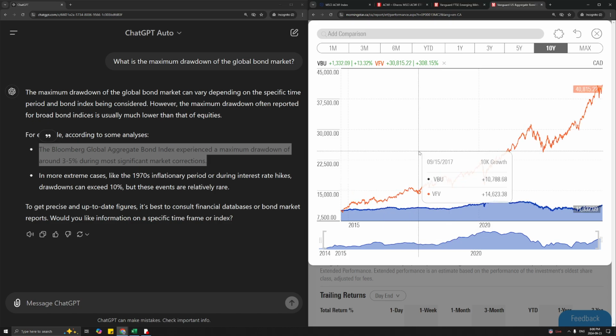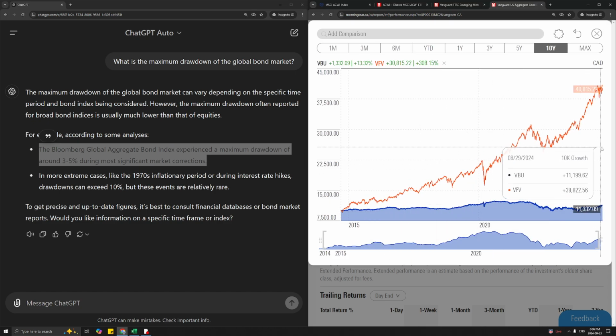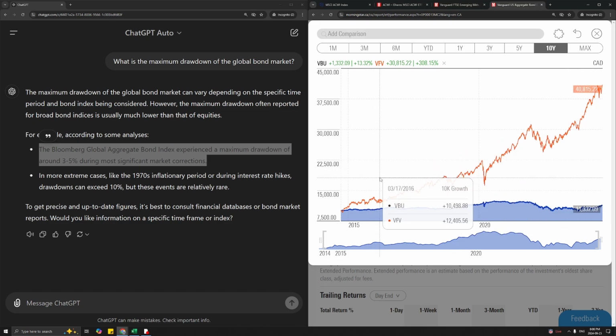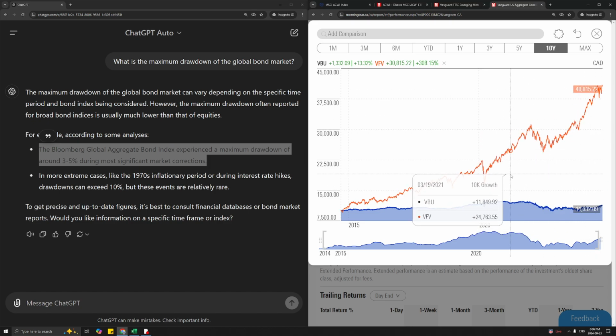So having some bonds in your portfolio will do this, but you're basically reducing your return, right? So think about it. Let's say I had 90% in VFV, which is the S&P 500, and 10% in VBU, right?